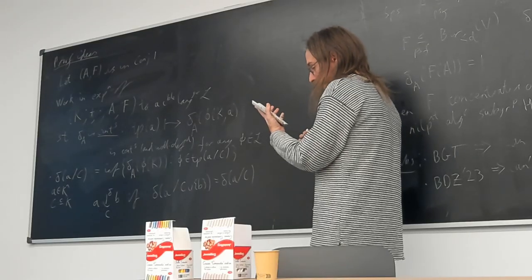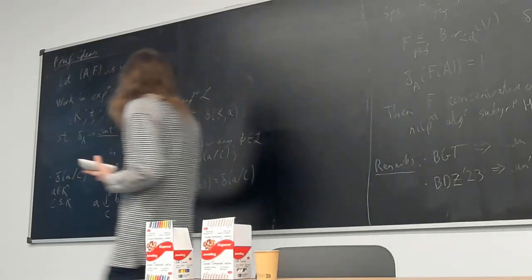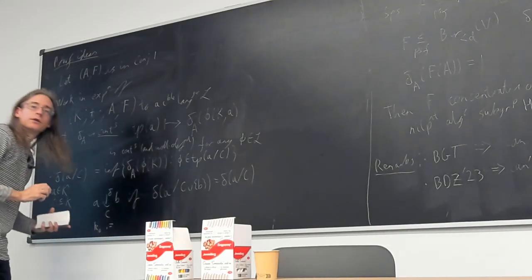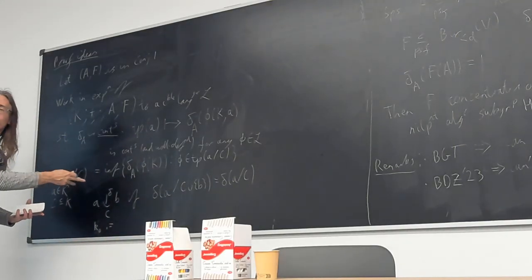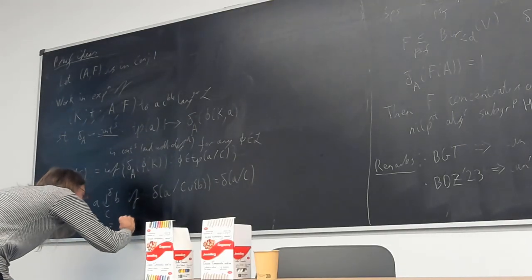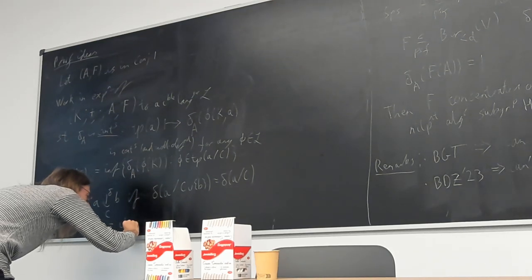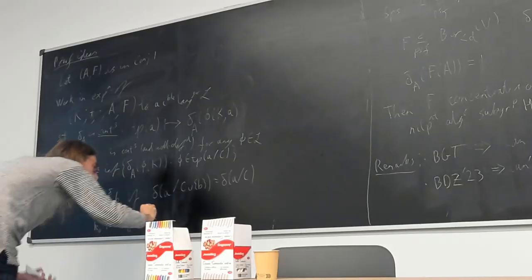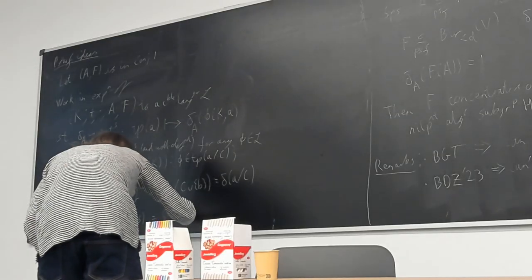And I want to make one last little definition here, which is that I want to define K0 to be the delta closure of the empty set, by which I mean just the points of delta 0.